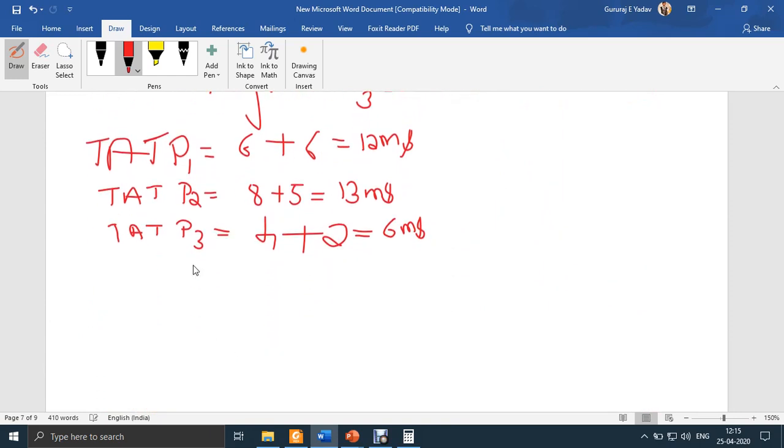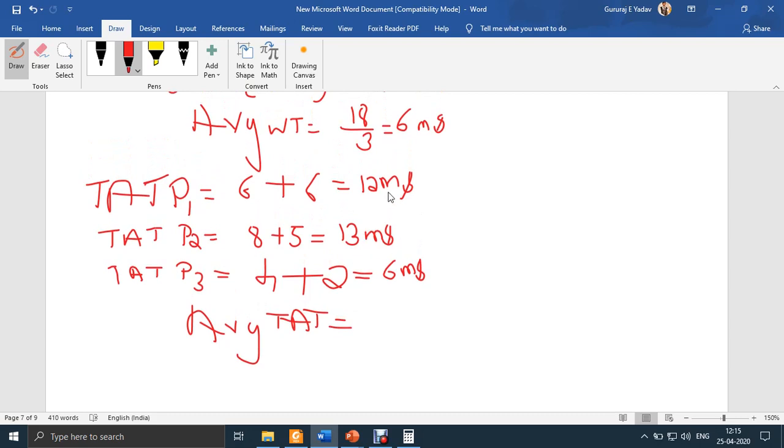So what will be the average? So average TAT is equal to, so take the summation of this. It is 12 plus 13, so it is 25 plus 6. So it is 31 divided by 3. Okay, so hope it is correct. Yeah, so it is 12 plus 13, 25 plus 6, 31.